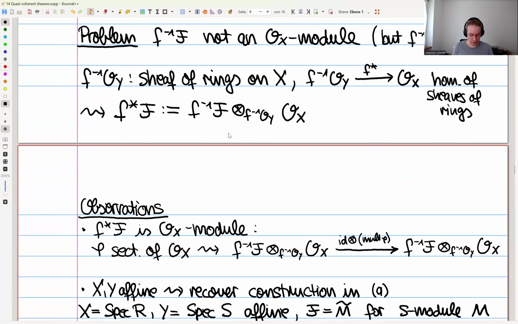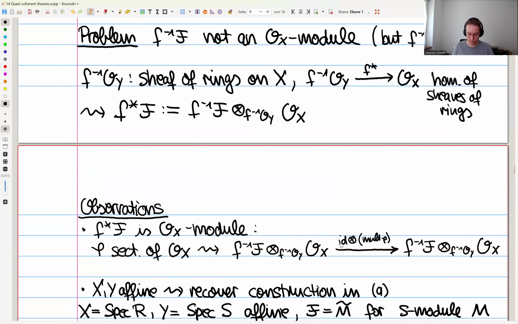Okay, so some observations. First of all, this f pullback now is indeed an OX module. And this works very similarly to the case A that we saw, namely if phi is a section of OX, then you have this tensor product. You want to see what it means to multiply a section here by phi.